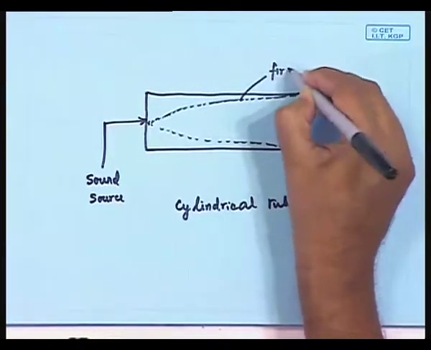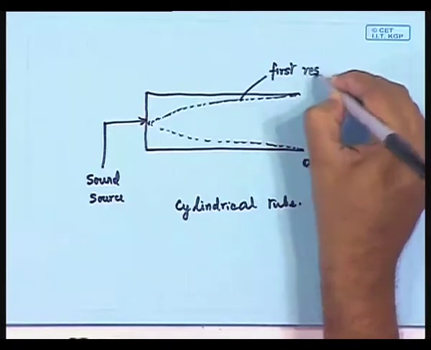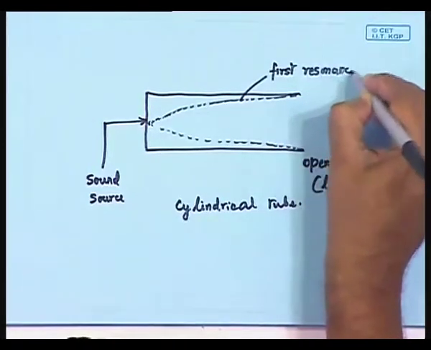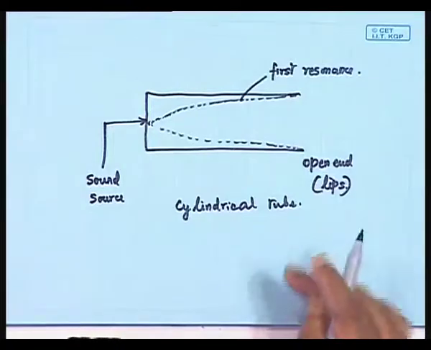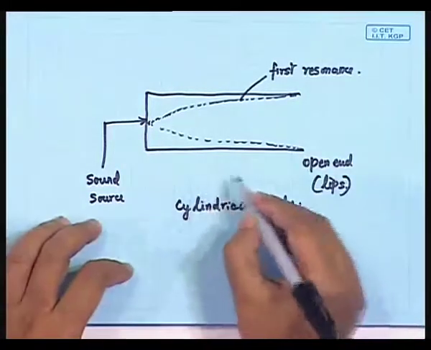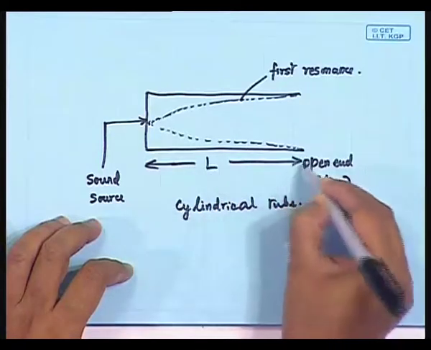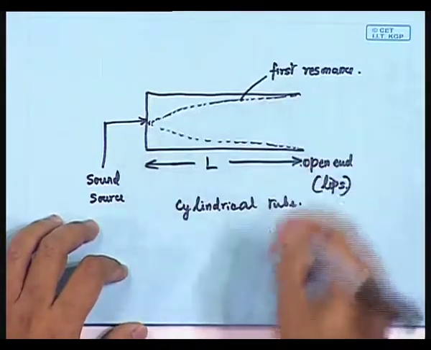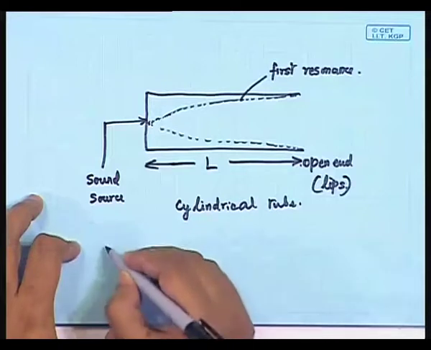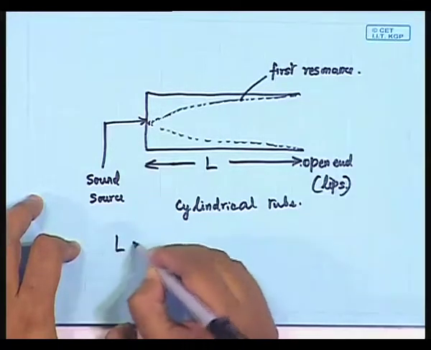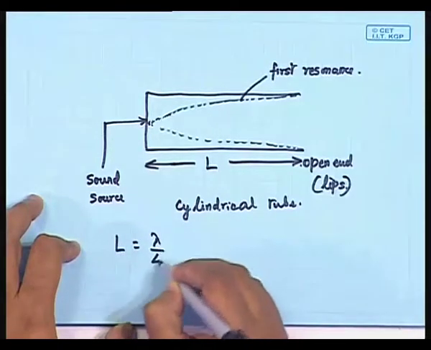This is the first resonance position, and if we assume that the organ pipe is of length L, then corresponding to the first resonance we will be having L equal to lambda by 4.